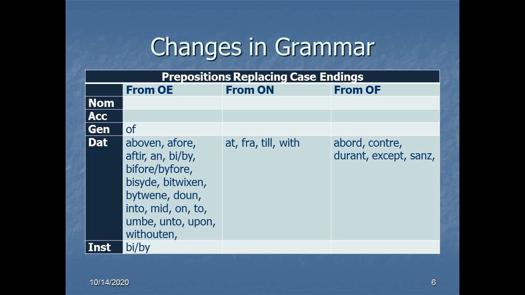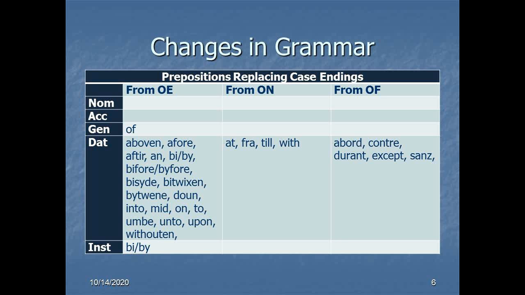They let the listener or reader know what a given noun or pronoun was doing in a sentence, what its function was. And as the case endings were lost, and nouns serving any particular function tended to look more and more the same, the language needed other ways to distinguish function. The principal two ways it did that were word order, that is, becoming an analytic language, and prepositions.